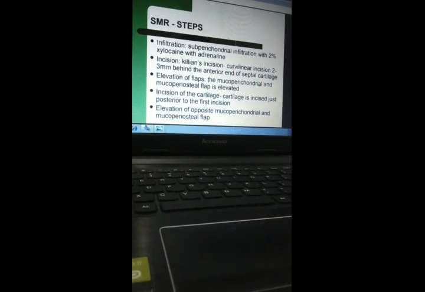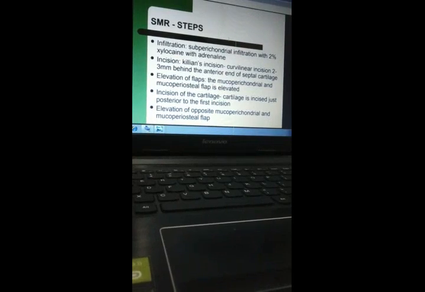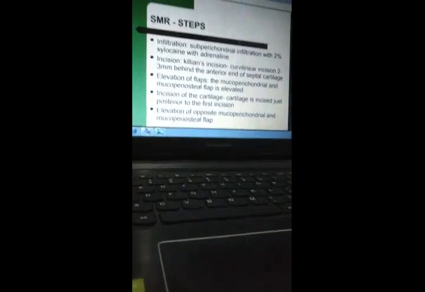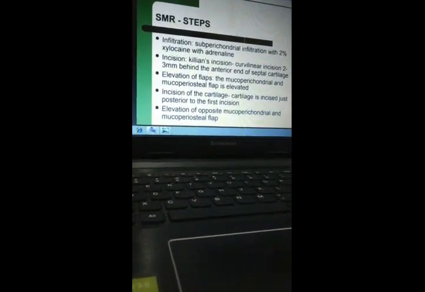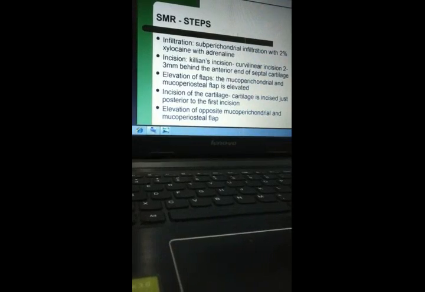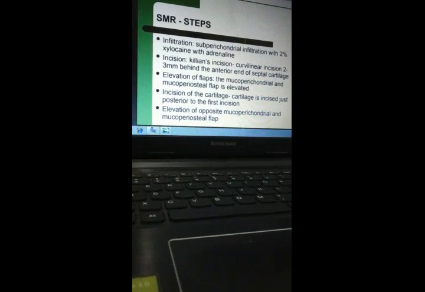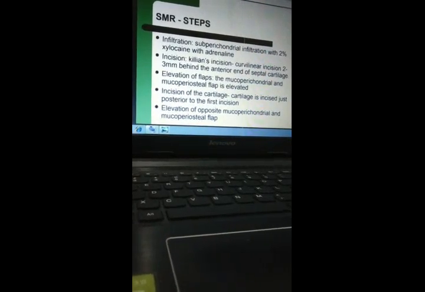First, infiltration. This is the subperichondrial infiltration with 2% xylocaine with adrenaline. But to use 2% xylocaine, first we go for xylocaine sensitivity test before operation.